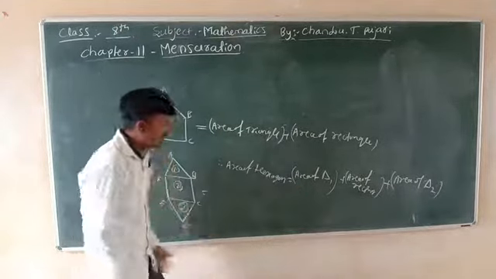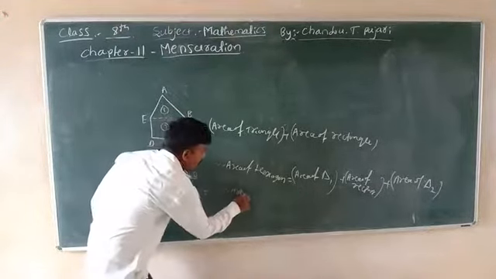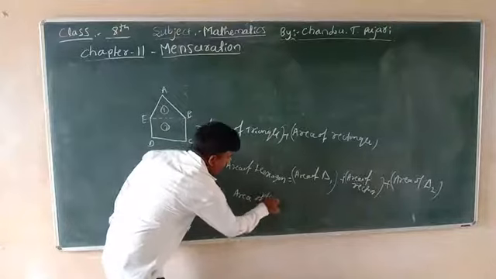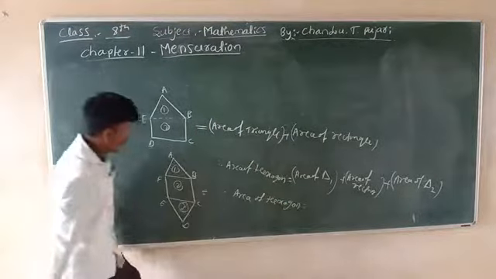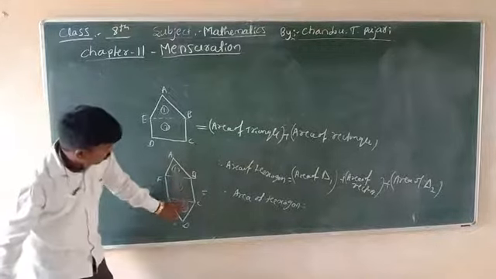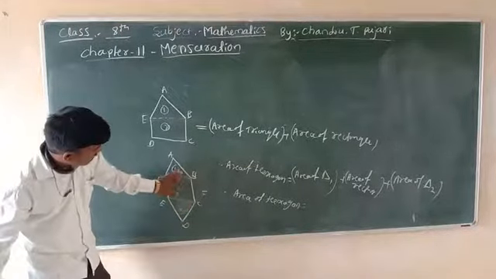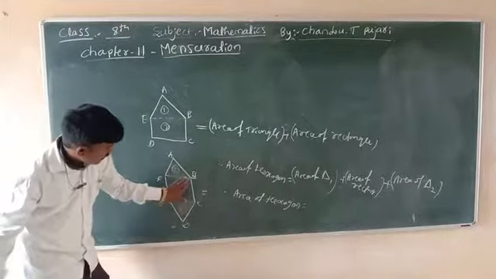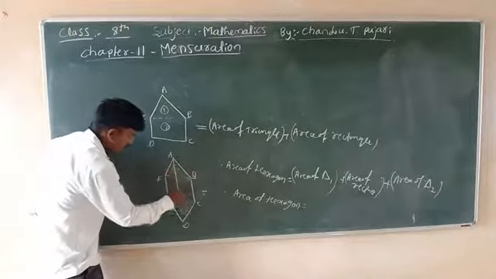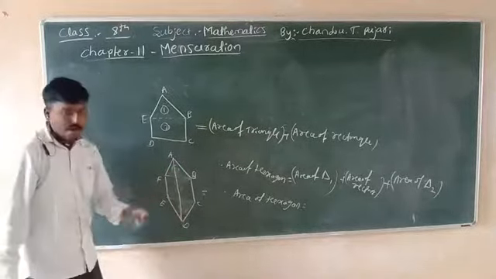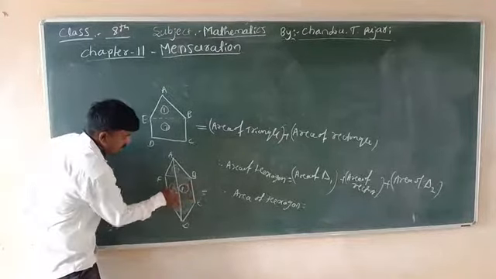But what is another method? Area of the hexagon is equal to only two parts. We can draw the diagonal AD. First part and second part.